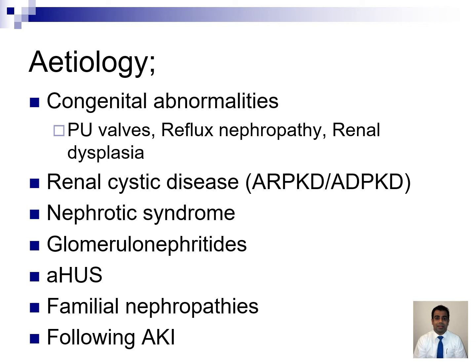A portion of patients with snake bite do not recover, and they move into chronic kidney disease. So these are basically the etiologies. Remember, the congenital abnormalities are by far the most important entity in children. This is as opposed to diabetes and the CKDU now in Sri Lanka in the adult population.